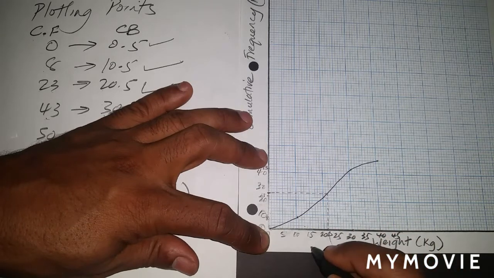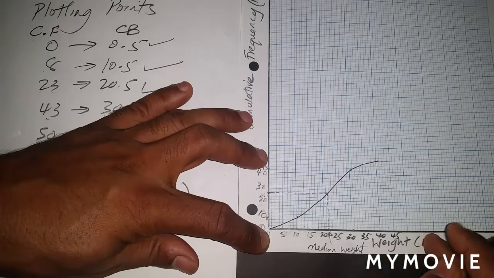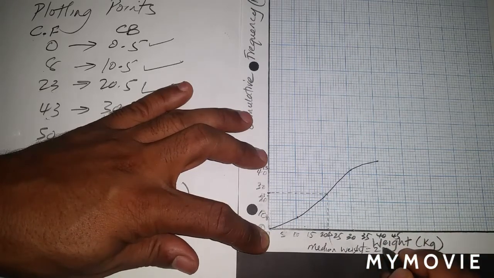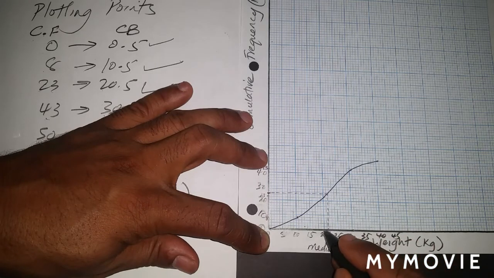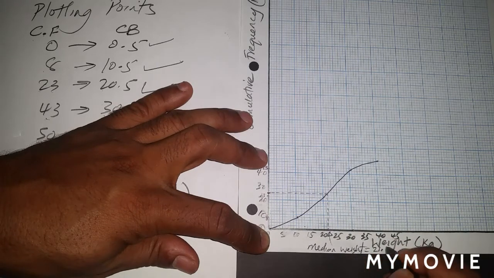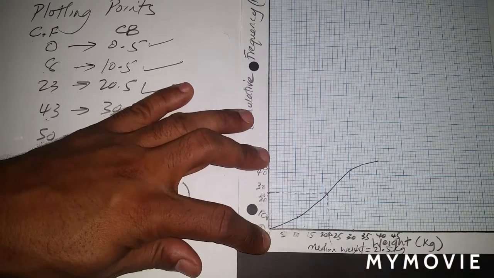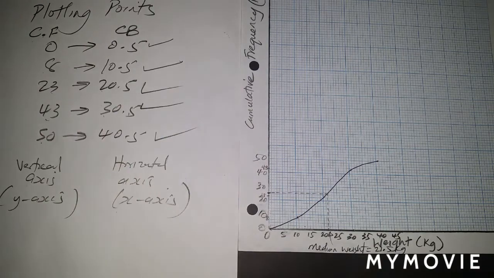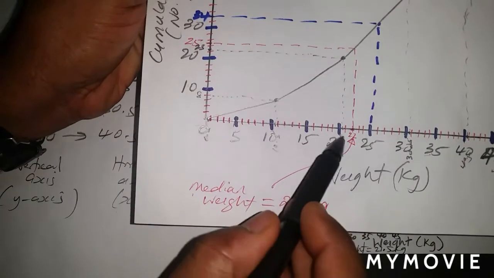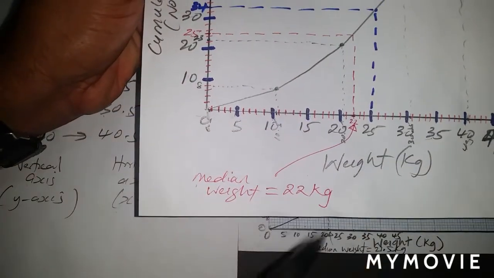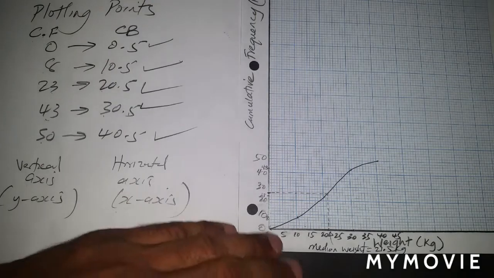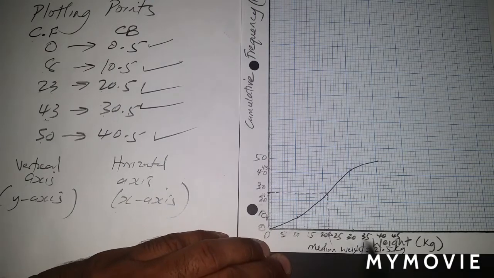So it means then the median weight would be 21.5 kilograms. So that's the median weight value that we got, 21.5 kilograms there. I think on a rough sketch we got 22 here, which means we weren't really far off, so not bad. So the median weight is 21.5 kilograms, and this is accurate, being that we're doing it on a graph sheet.